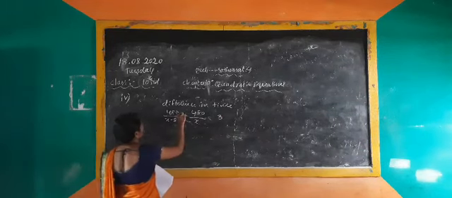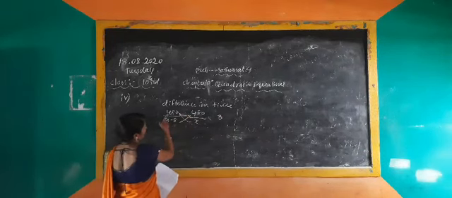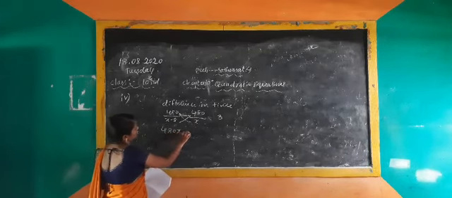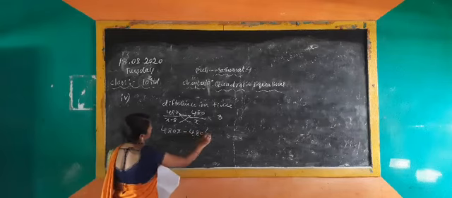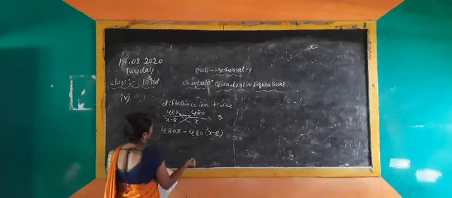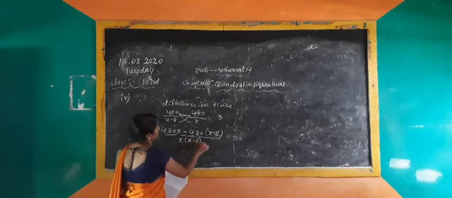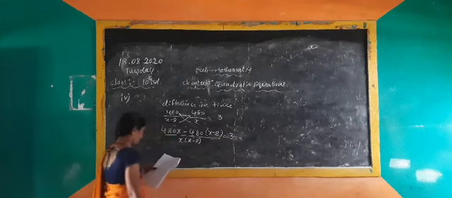Now general calculation, take a cross multiplication. 480 into x, 480x minus 480 into x minus 8, whole divided by x into x minus 8, is equal to 3.